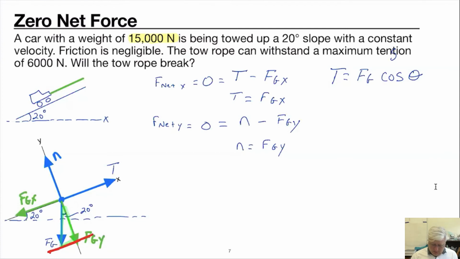And so the sine of this angle, or the cosine of this angle, no, it actually, yeah. So typically the adjacent is cosine, right? But here, this is not adjacent. This is actually opposite here. Okay. So if we want to find this side, which is parallel to this side, which would be the x component of the force of gravity, it will be the sine of this angle, opposite over hypotenuse.